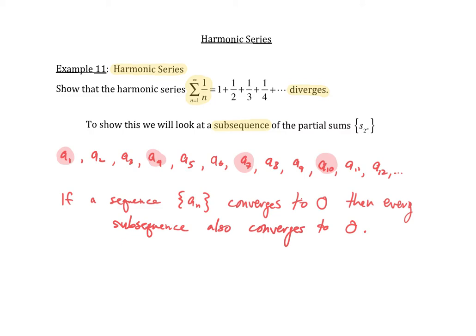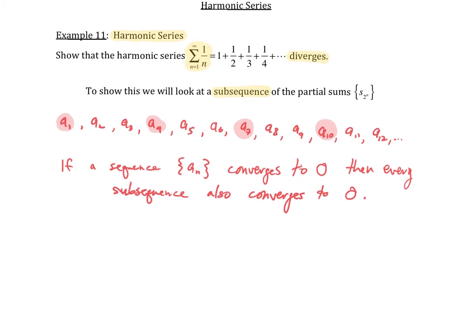Because if you found some infinite subsequence that didn't go to 0, that would violate the sequence going to 0 overall. If you were to look at a picture, it might look something like this.